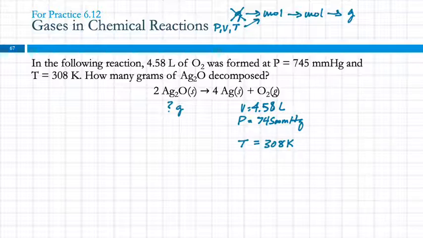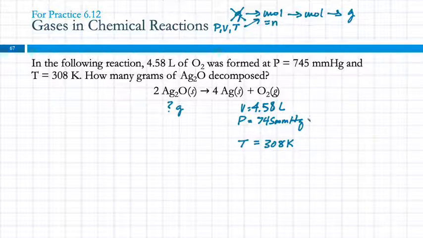We do need N. N is the number of moles. Well, we are going to solve for it. This is N. So we don't need to use the molar mass of oxygen.